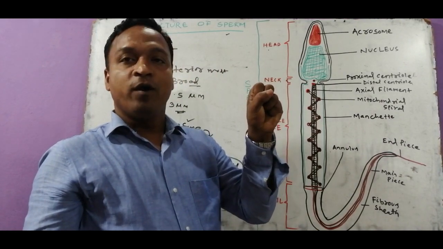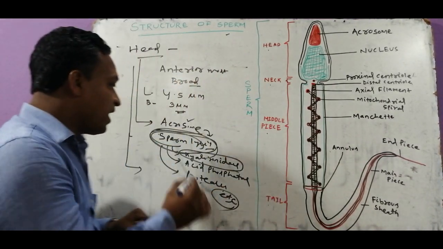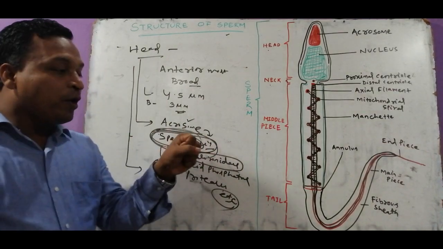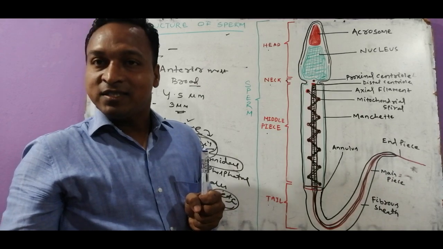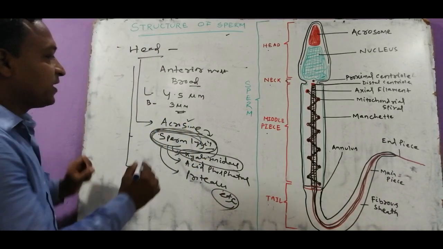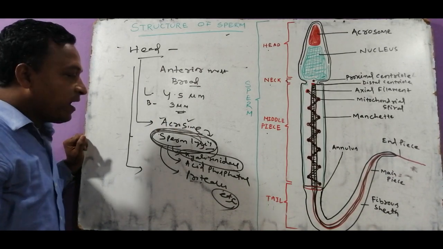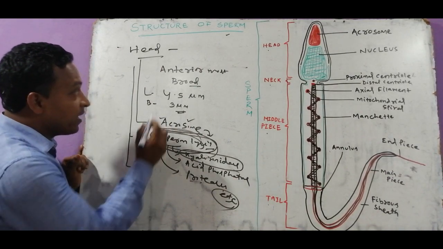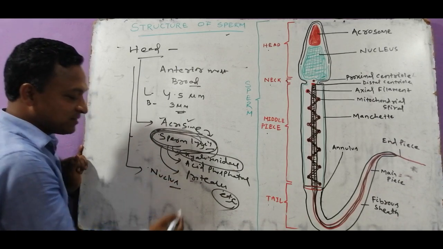This is the basic fundamental idea of the acrosome. The second part of the head is the nucleus.